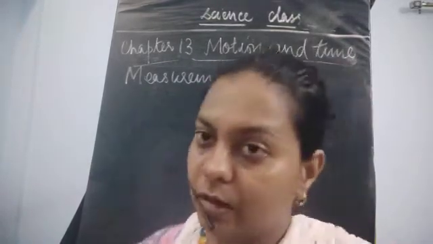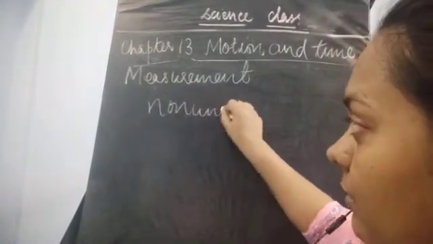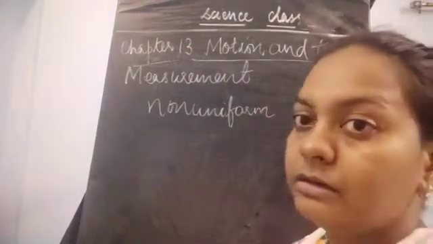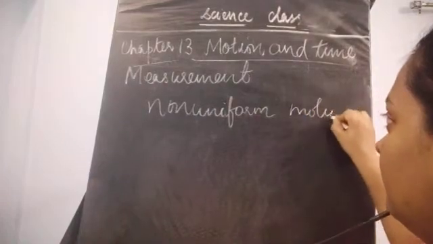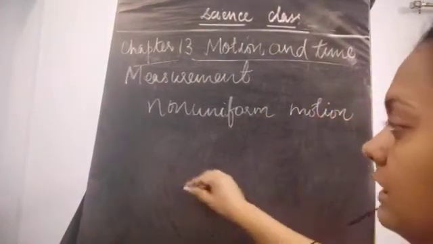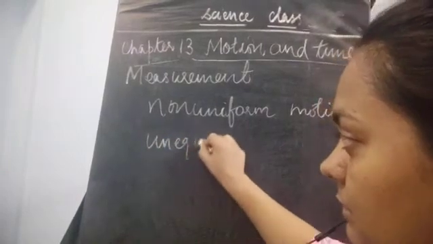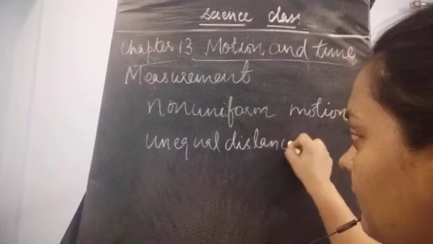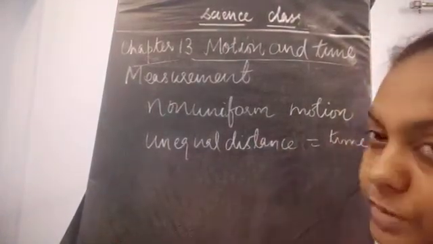If we talk about non-uniform motion, it means the object covers unequal distance in equal time. This could be one case.